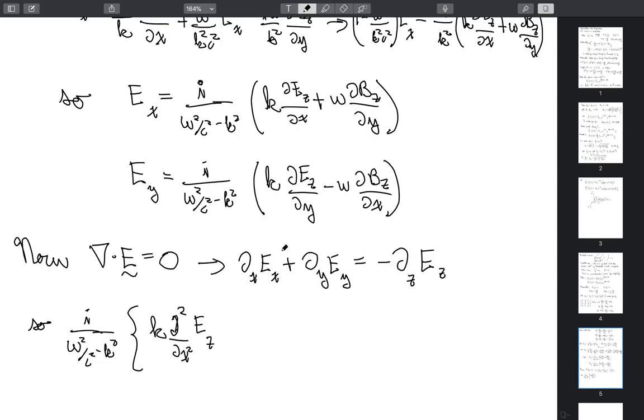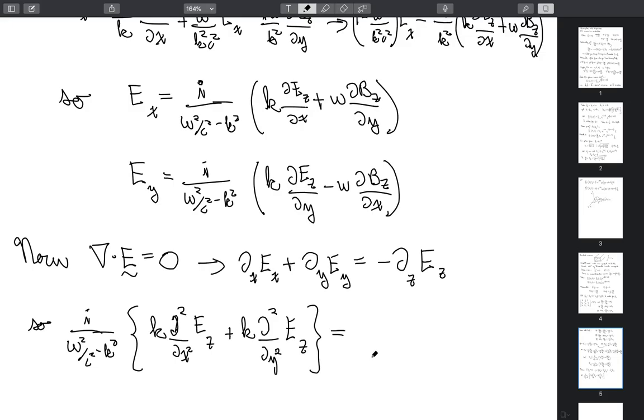But when I add these two together, I get twice the dx dy, but actually added with a minus sign. So these terms will cancel. The only thing that's left is the other y derivative of this, d2/dy squared of Ez, and the Bz's have vanished.